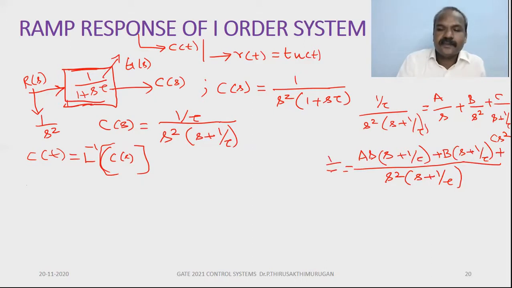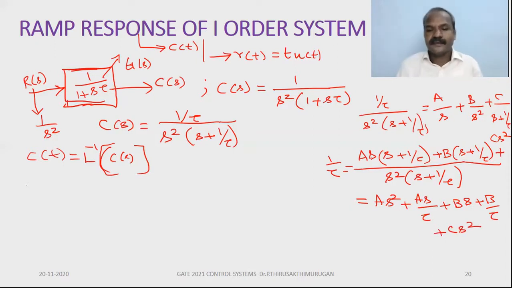So the denominator will be the same. So expand this: s square plus As by tau plus Bs plus B by tau plus Cs square. Right?